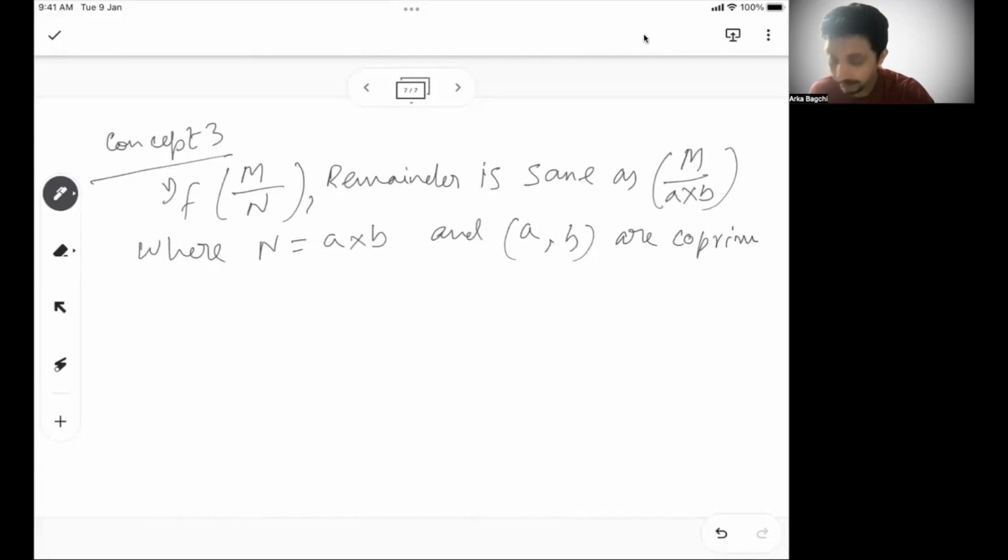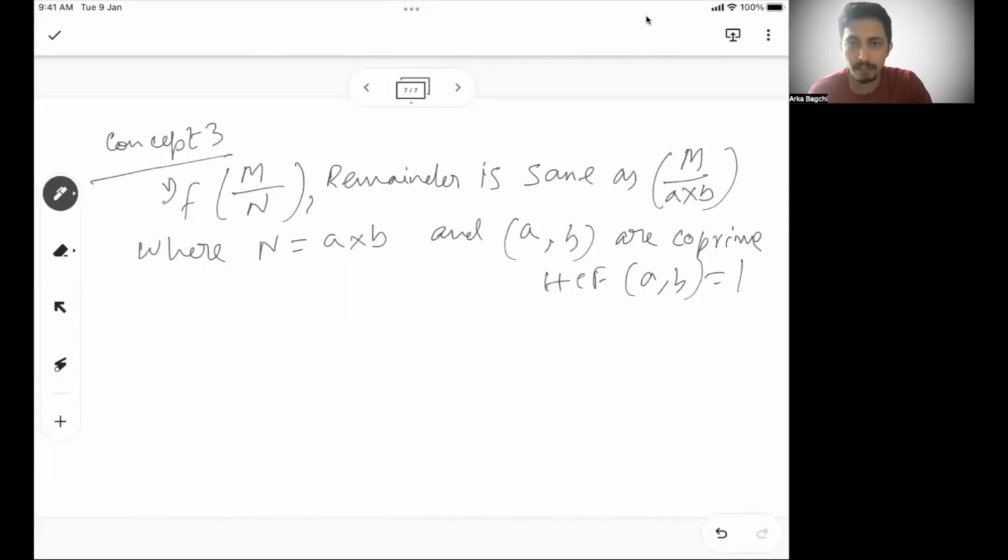What do I mean by a, b co-prime? a, b co-prime means HCF of a, b is equal to 1. Okay. So then you do m by a and m by b, and you will get the remainders.